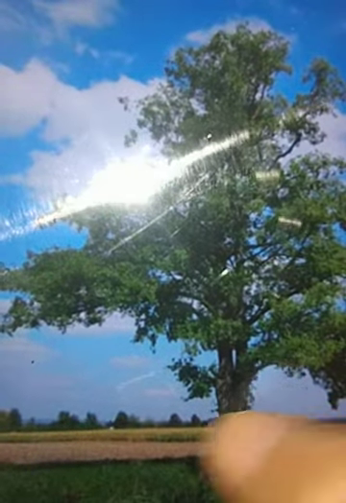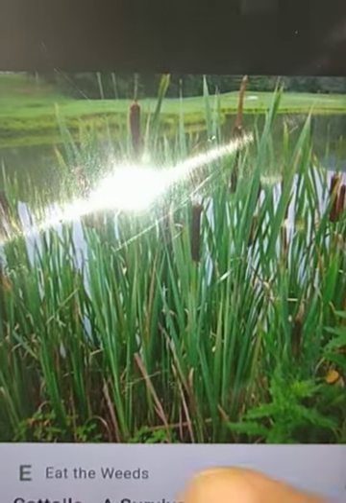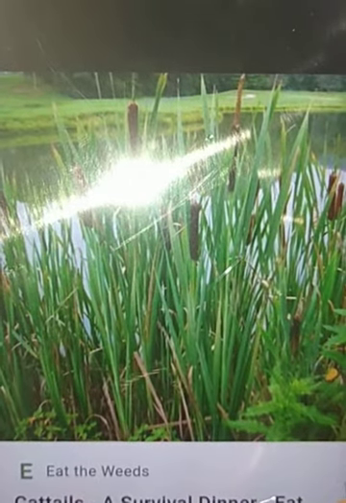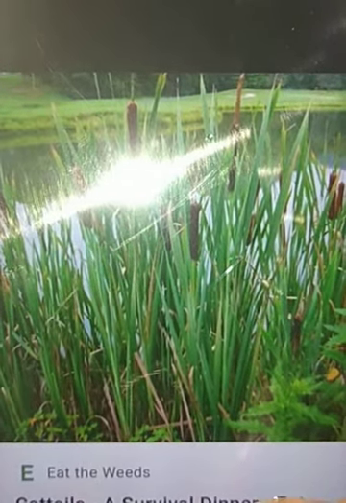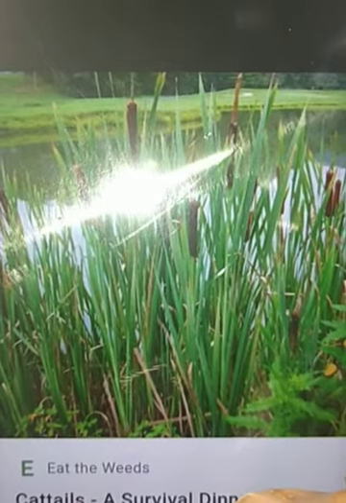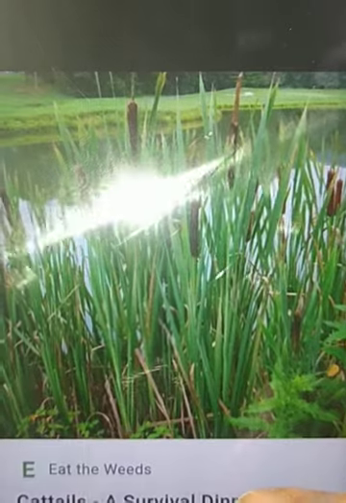This one is papyrus, and it also basically grows in marshy areas. So this one is papyrus, this is alder, and this is the example of cattail. These all grow in marshy areas where the soil is clayey and sticky in texture, and these plants breathe through breathing roots.